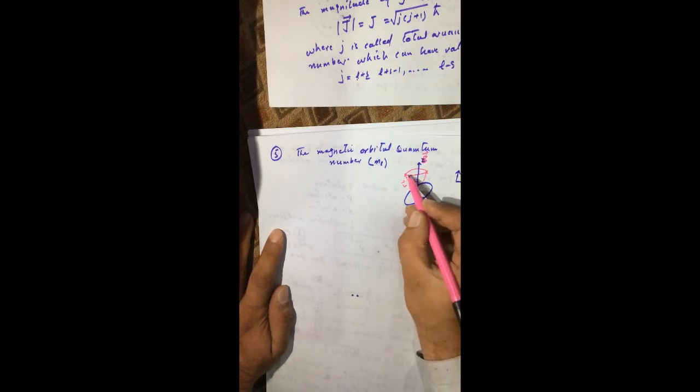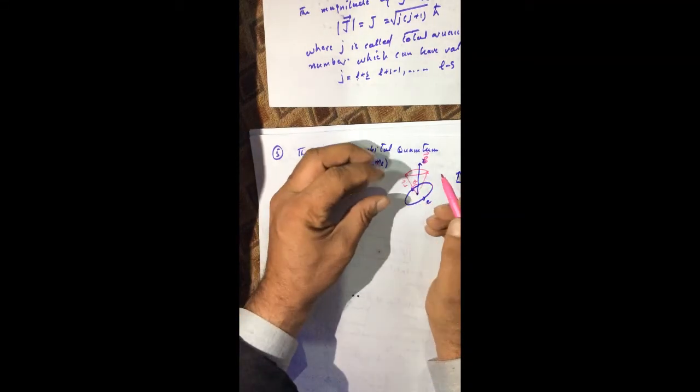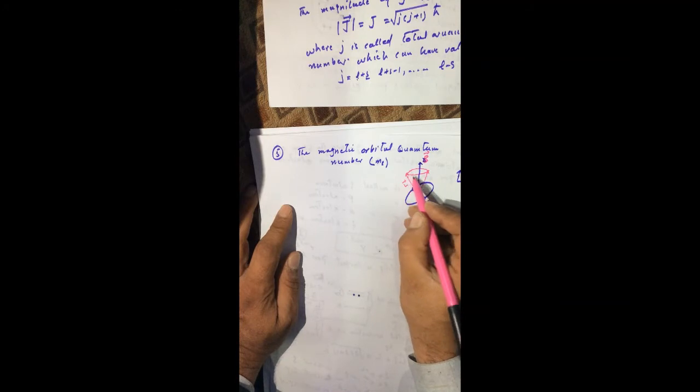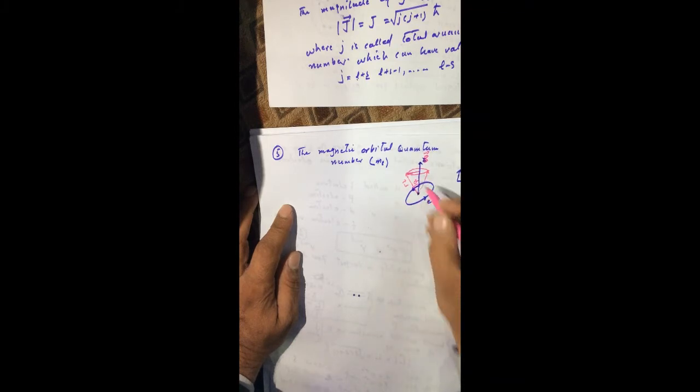Now if I take a projection of this orbital angular momentum in the direction of the magnetic field, let's suppose I focus a light here and I take the projection of this orbital angular momentum vector in the direction of the magnetic field. Let's suppose this is the projection.